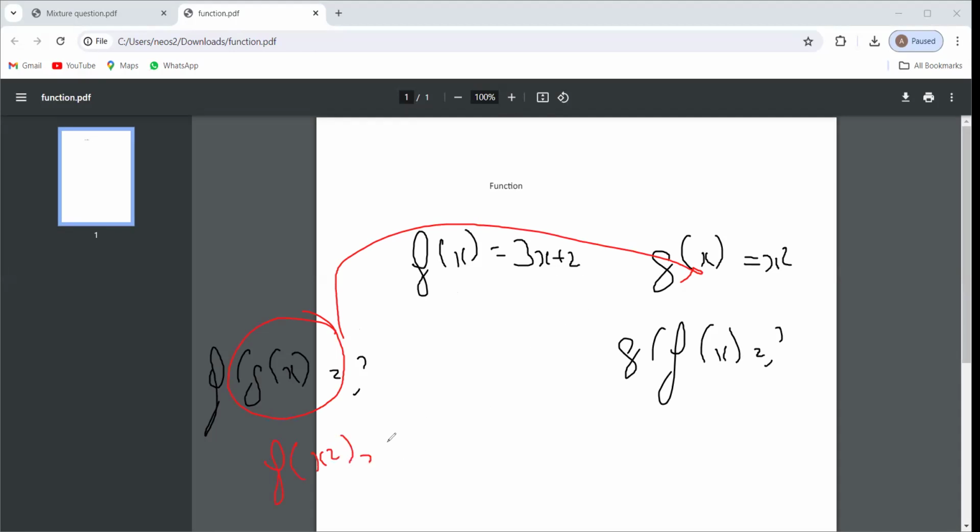So it would be (3x plus 2) whole square. If I'm asking you g of f of x, so instead of x in g, what are you substituting? f of x, which is 3x plus 2. So this will be what?